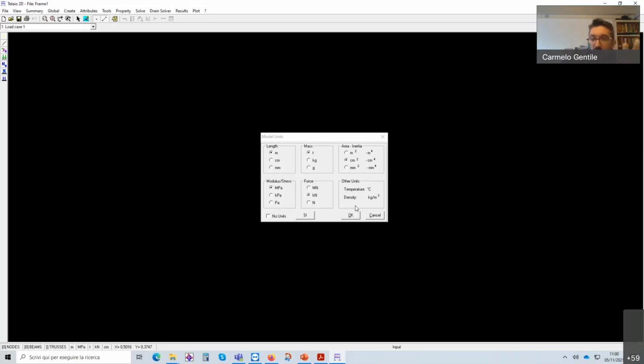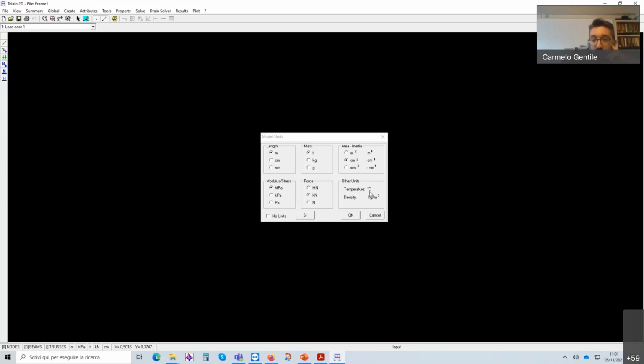So every time we have a mass, the weight in Newton will be 10 times that mass. So it is good to work in kilonewton for our theory.